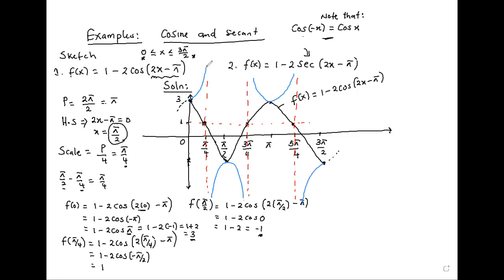This graph is the graph of f of x. No, it shouldn't look like I'm sketching another thing. So this is the graph of f of x is equal to 1 minus 2 sec 2x minus pi. That's how it comes out.